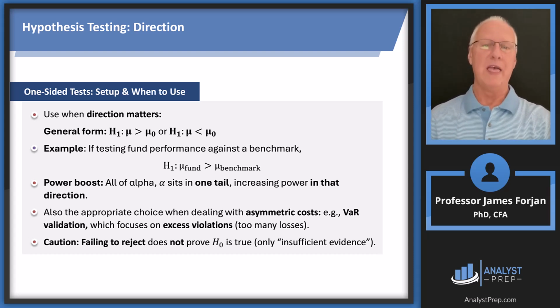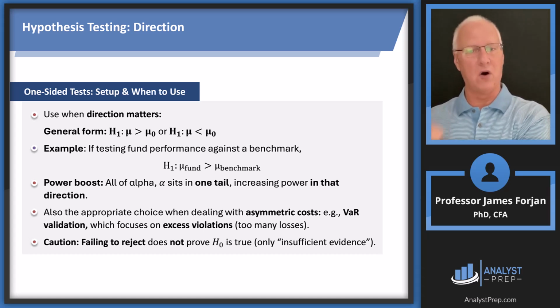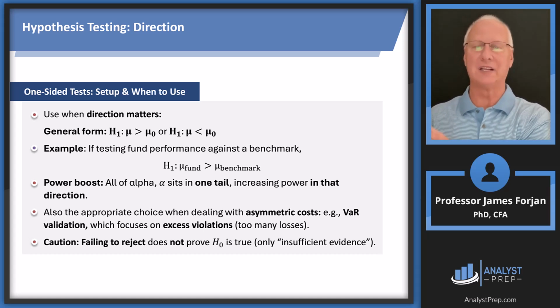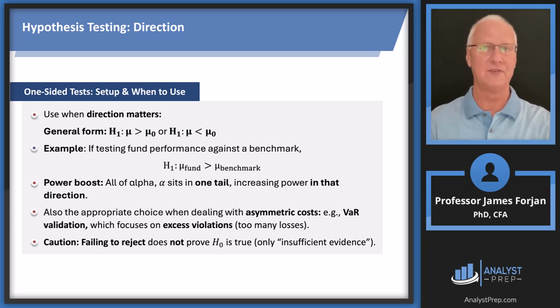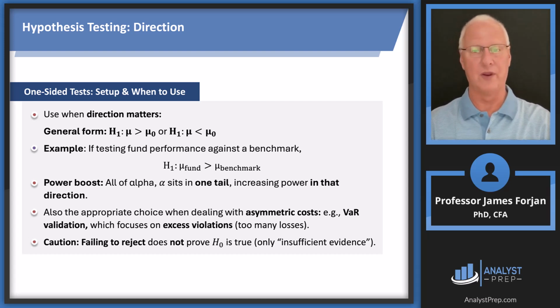What happens then, if we have a one-tail test, is that we're putting all of that confidence level in one tail. Remember I said if we have a two-tail test, we have to chop that, and let's just assume 95% confidence, we have to chop that 5% into 2.5% on the left tail and 2.5% on the right tail.